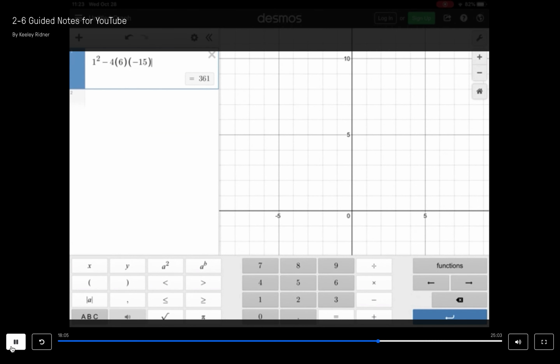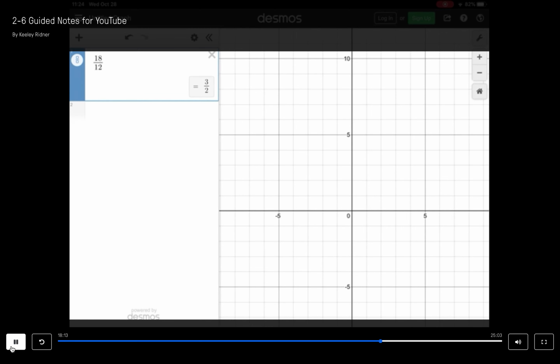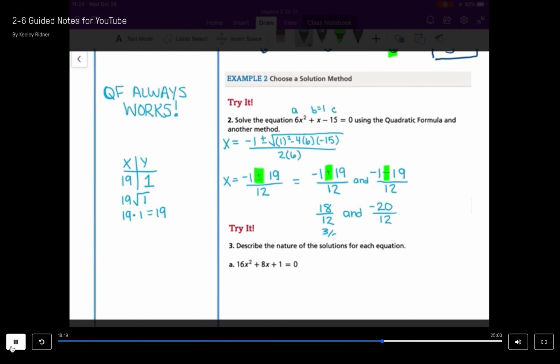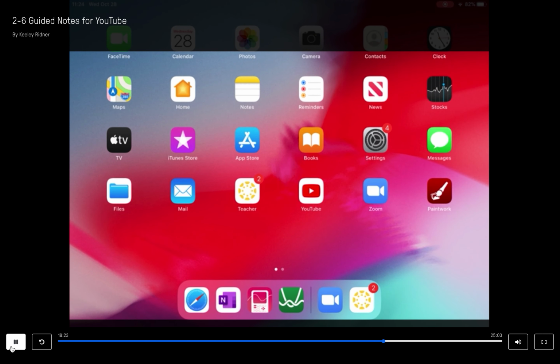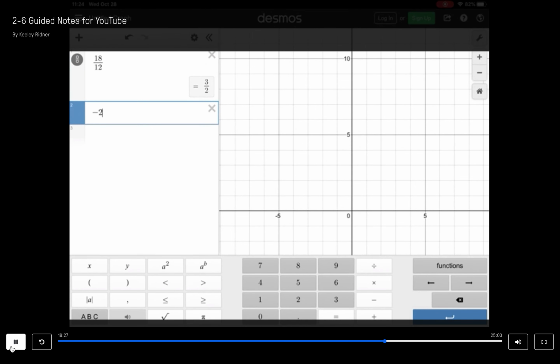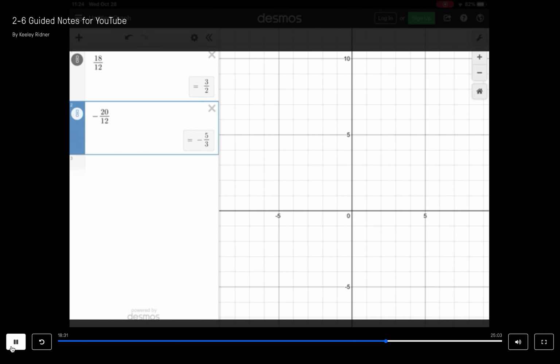Desmos is there for you. 18 divided by 12. And I hit the little fraction button over here under the 1. And it tells me, hey, that's 3/2. What about negative 20 divided by 12? Hit the little fraction button. That's negative 5/3.